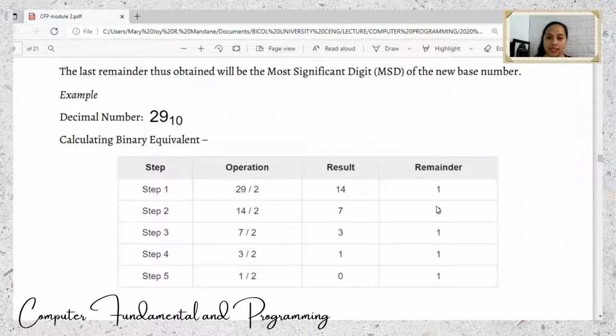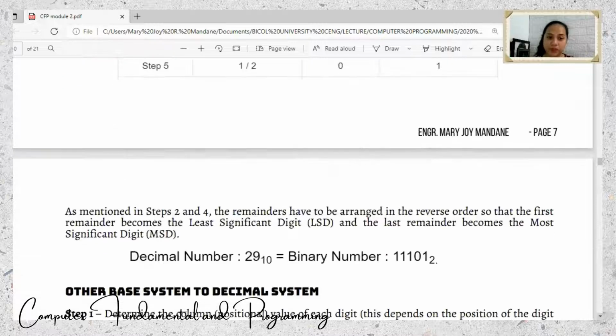Then 7 over 2 is 3, and the remainder is 1. So 3 over 2 is 1, and meron siyang remainder na 1. And 1 over 2 is 0, and merong remainder na 1.